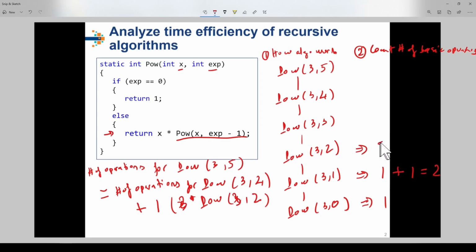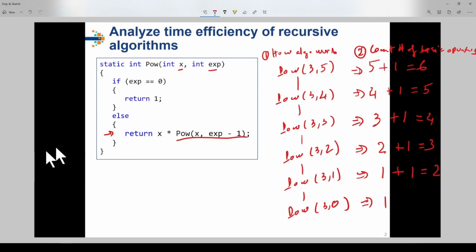This one is 2 from here plus one more operation, so it's 3. Again, for 3, 3 we need to count the number of operations of 3, 2, which is 3, together with one more operation, x multiplied by power x exponential minus 1. So this one is 4. 4 plus 1, this one is 5. 5 plus 1, this one is 6. Okay, so we've done steps 1 and 2.